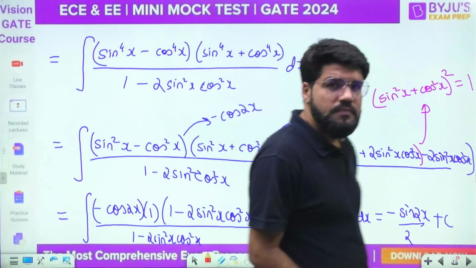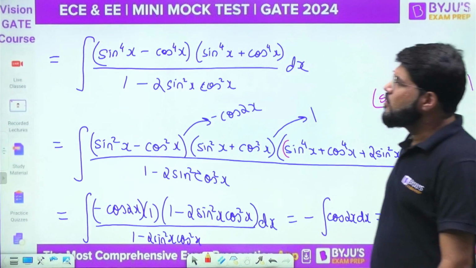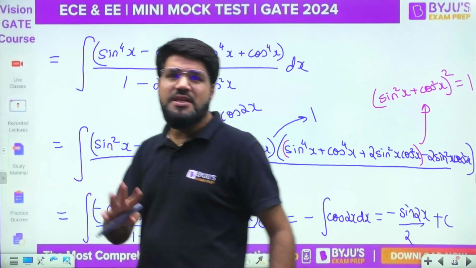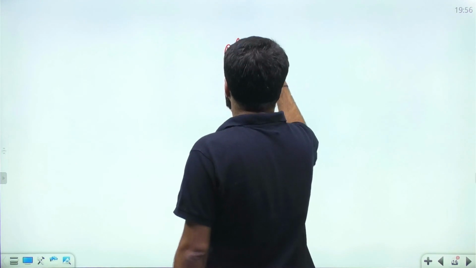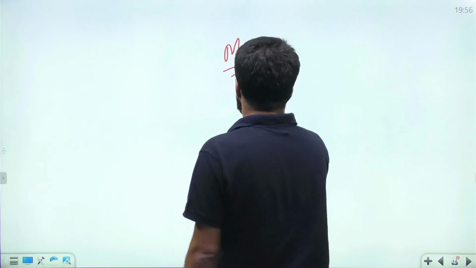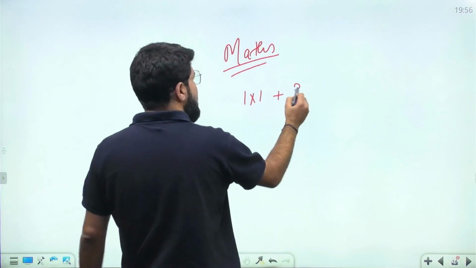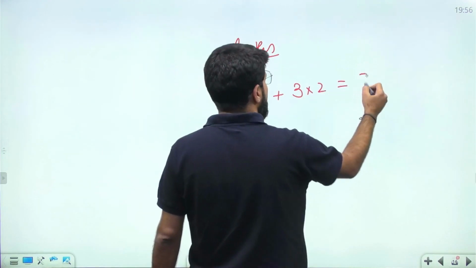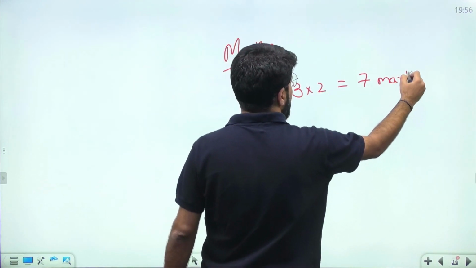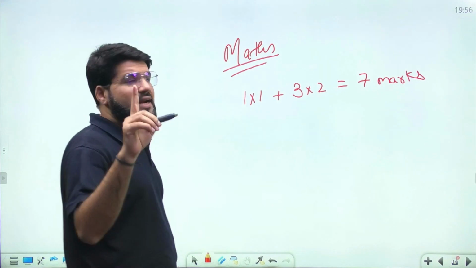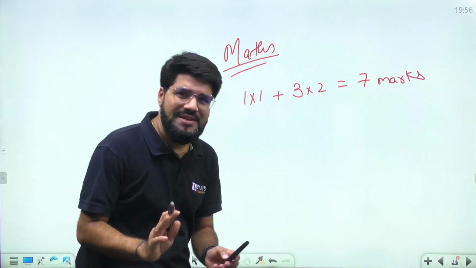Done. Next question. So I presented 4 questions from maths. If I summarize, from maths I took 1 question of 1 mark, that was MSQ, and 3 questions were taken for 2 marks. Total 7 marks have been covered from engineering mathematics, and this particular 1 question was the MSQ also.